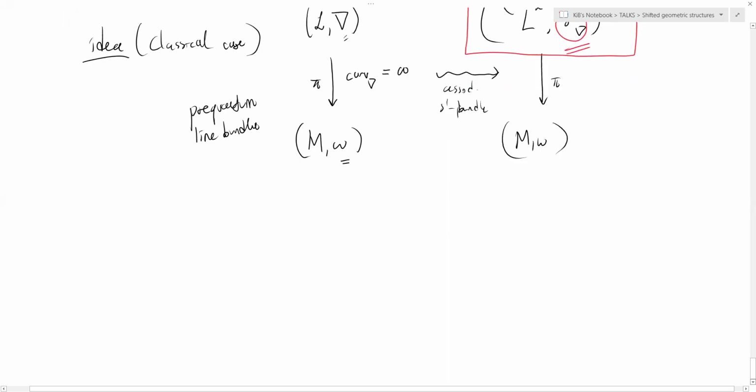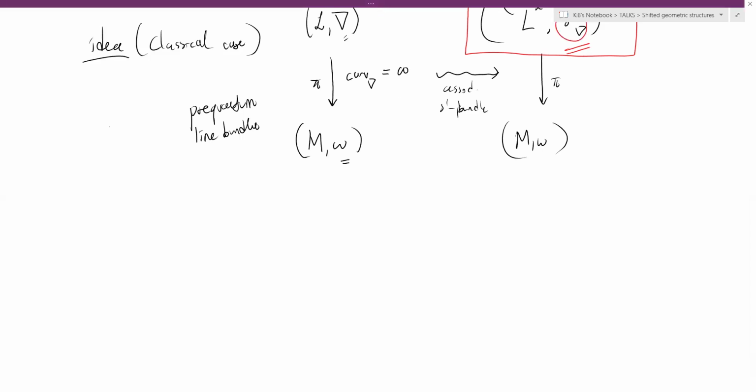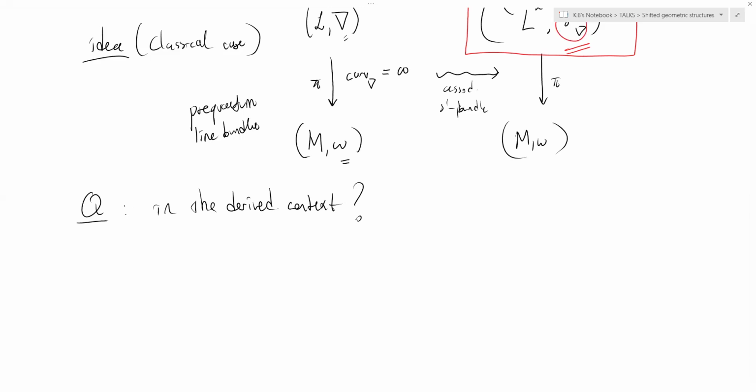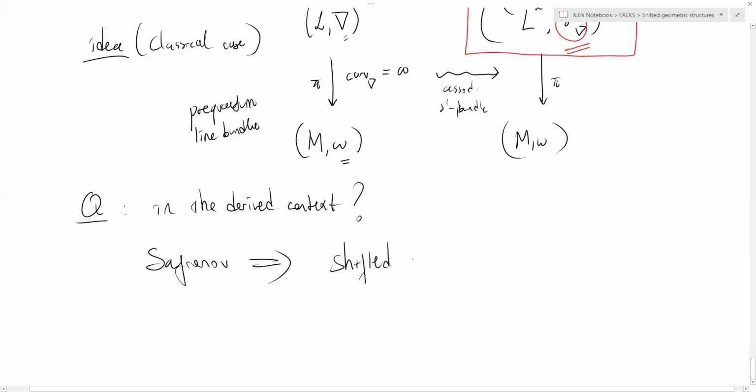So the question is, can we do this in the derived context? Of course, to do that, we need the notion of shifted symplectic geometric quantization. And Safronov actually introduced this notion of shifted geometric quantization.